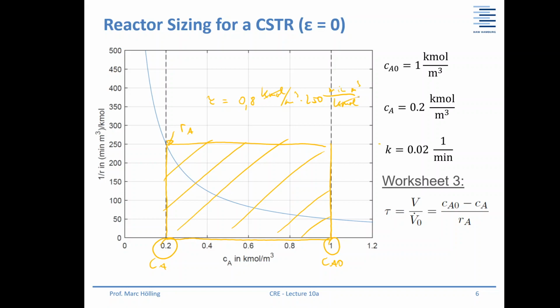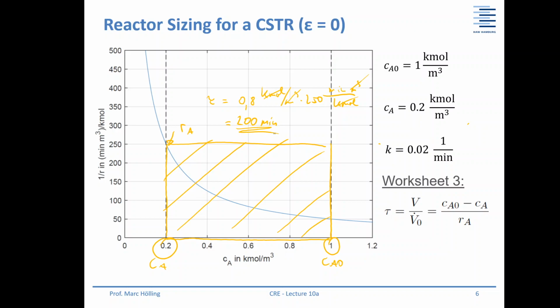So kilomole cancels out, cubic meters cancels out, and you are left with a minute, which is quite good. And this should be something like 200 minutes. Let me check. Yes, it's 200 minutes.